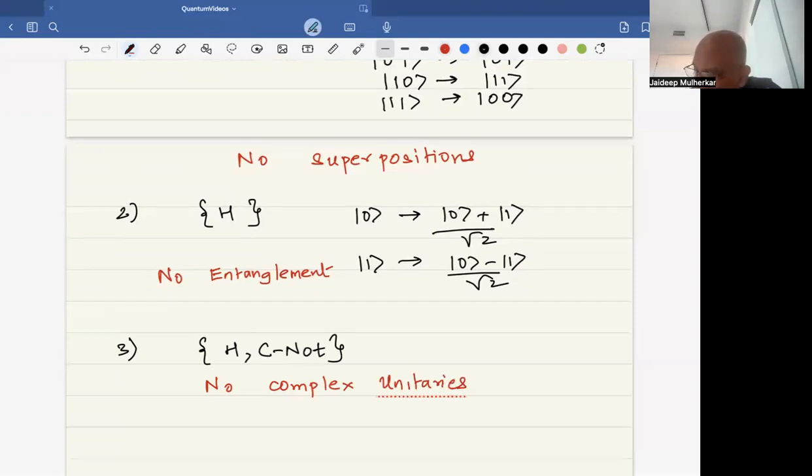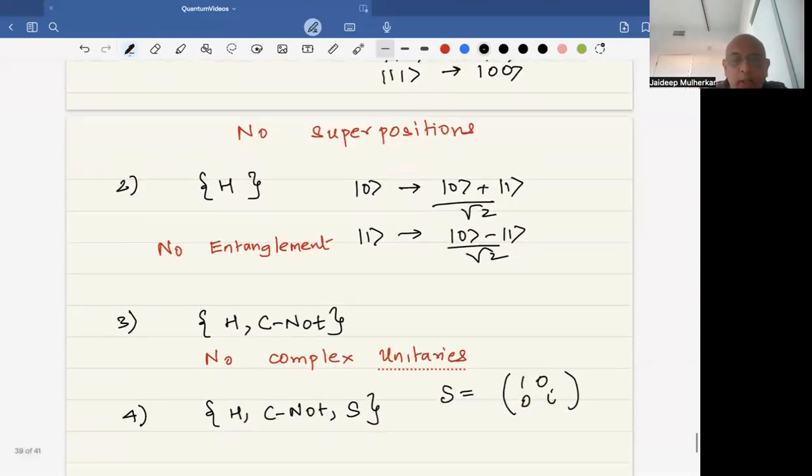And then let's take one more. Let's take H, C-NOT, and the S gate, where the S gate is [1, 0; 0, i].